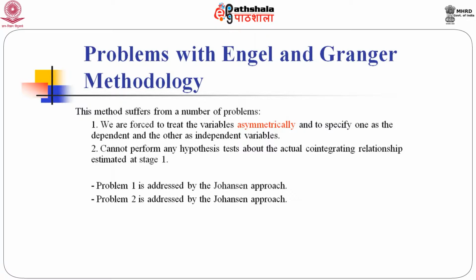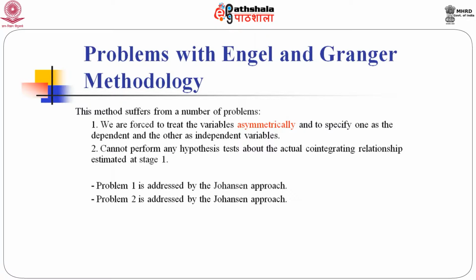We can see whether the residual of the regression of xt on yt is I(0) or not. In many cases, we get contradicting conclusions from the regression of yt on xt and the regression of xt on yt.